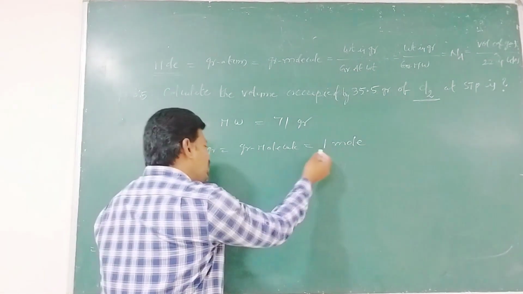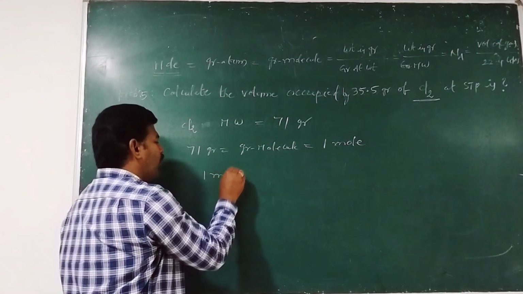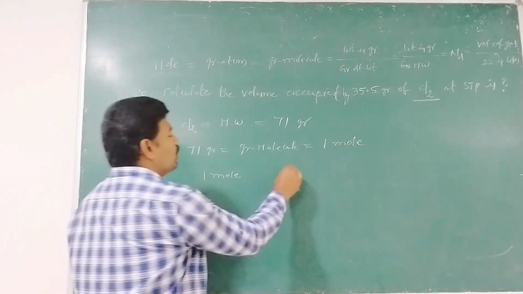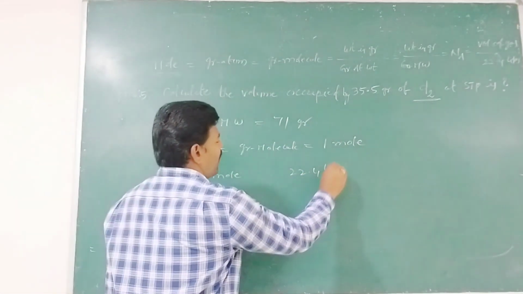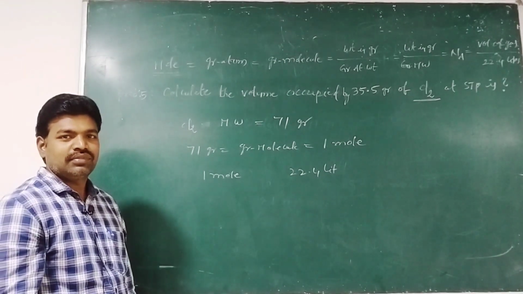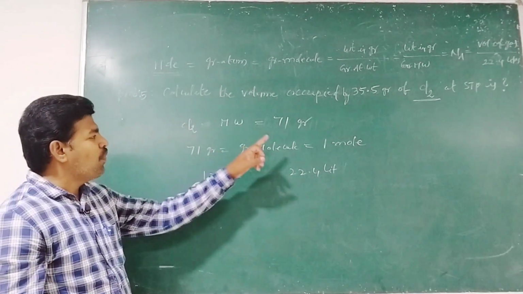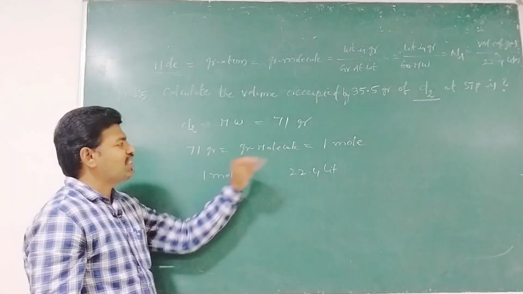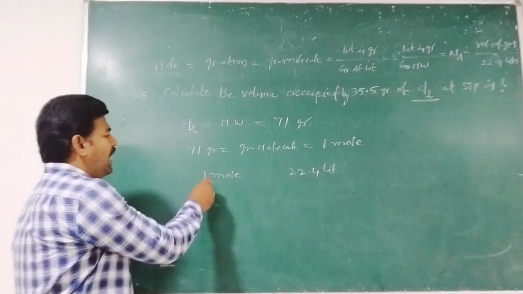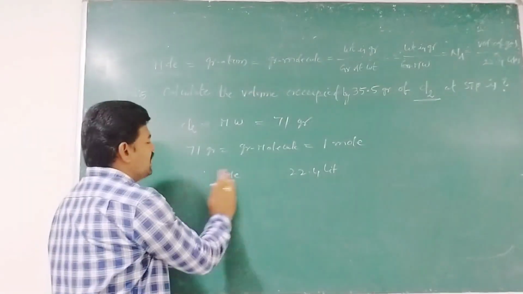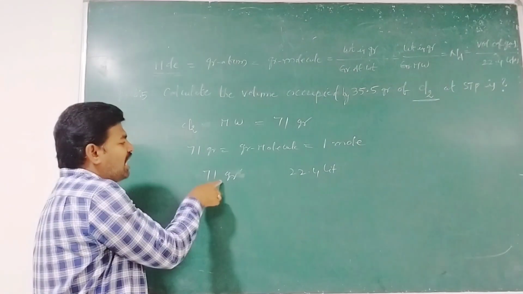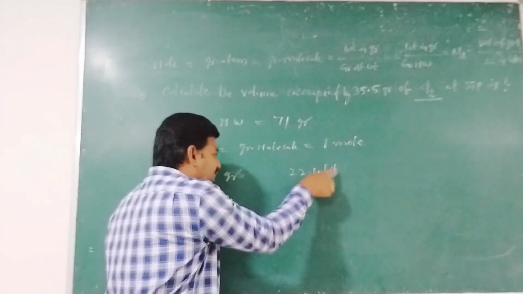And we know that 1 mole of any gas occupies 22.4 liters volume. Okay, so 1 mole of any gas occupies 22.4 liters, and here 1 mole means 71 grams. So 71 grams occupies 22.4 liters.